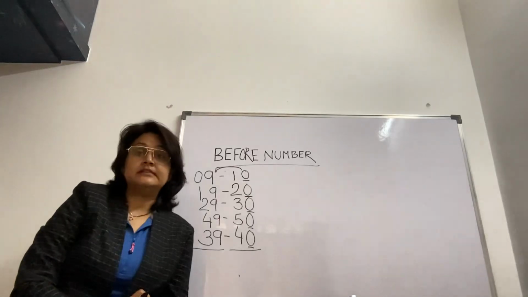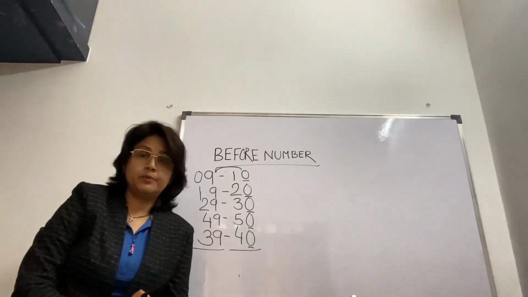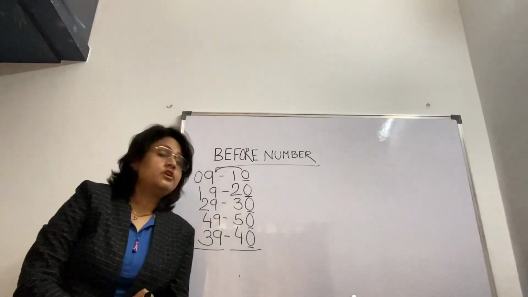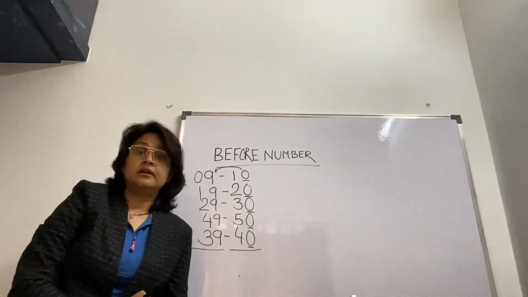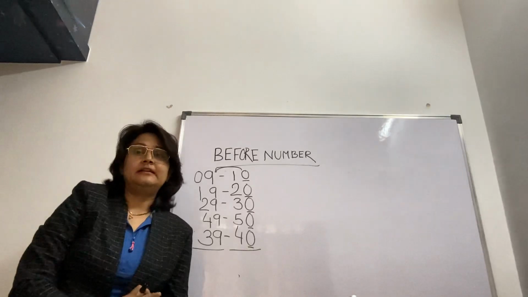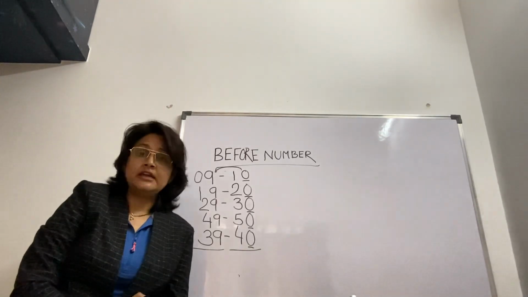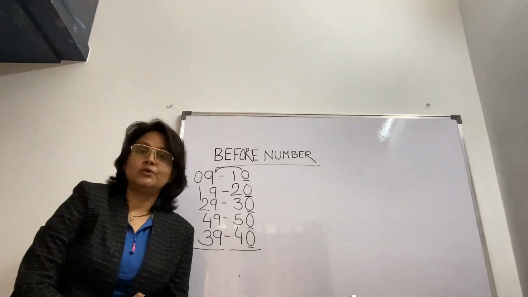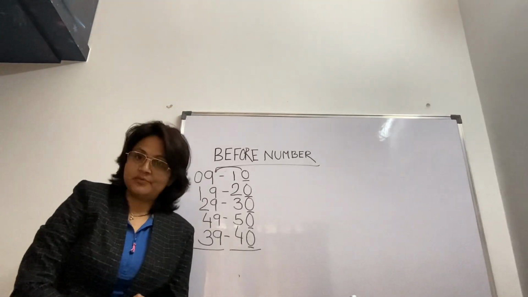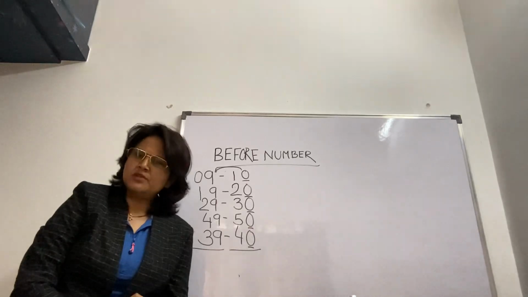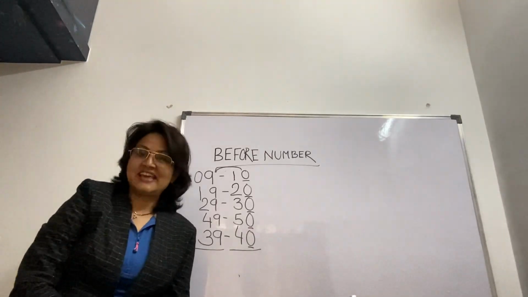Once the number is ending with 0, we have to follow a different approach in which we convert all the zeros to 9 and we look at the backward number at the tens place. Other than that, we are not going to look at any other place if the number is not ending with 0. I think this concept will help and will remove the burden from the student of thinking more about the before number. Thank you so much.